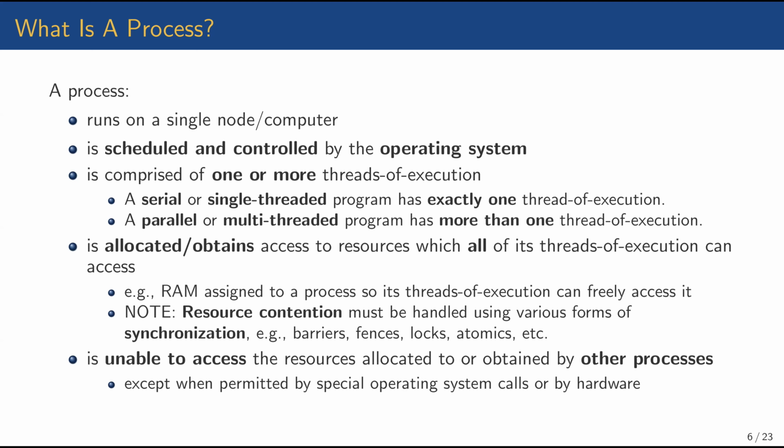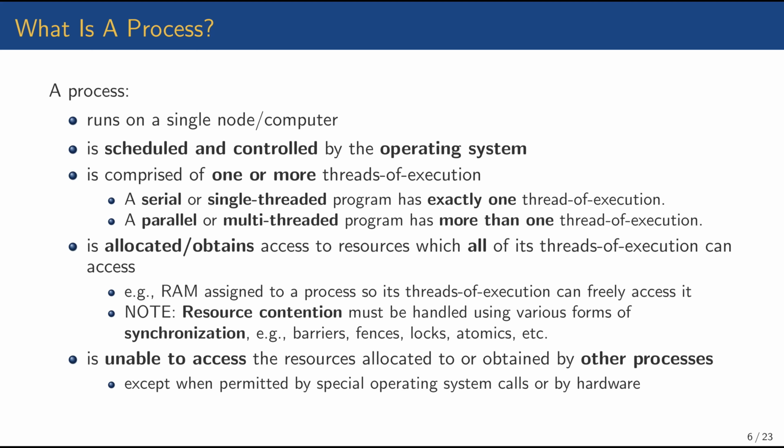Now the way it works is the operating system allocates that to the process. Every thread inside the process has equal access to that, unless your programming language is really special and does stuff differently. Generally speaking, every thread in the process will have access to those resources.